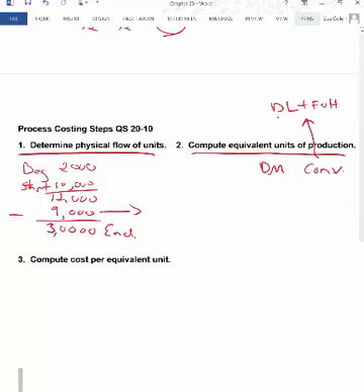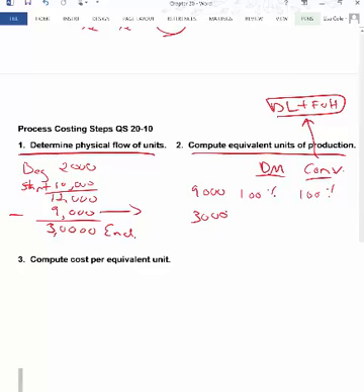We want to look at it in terms of those 9,000 units that were completed and transferred out. If I have 9,000 units completed and transferred out, that means I put in 100% of the direct material and 100% of the conversion cost. And then I had these 3,000 units left in inventory.